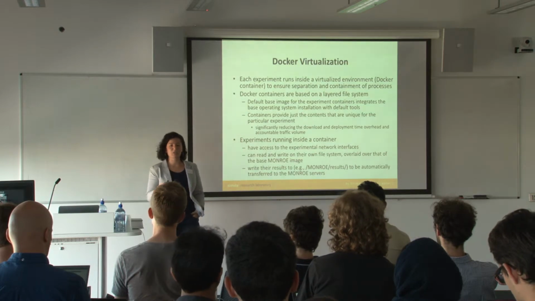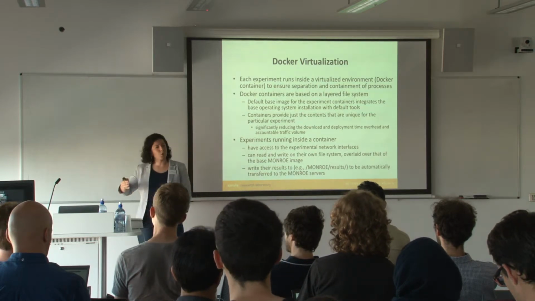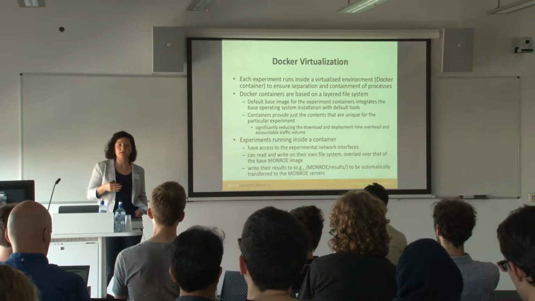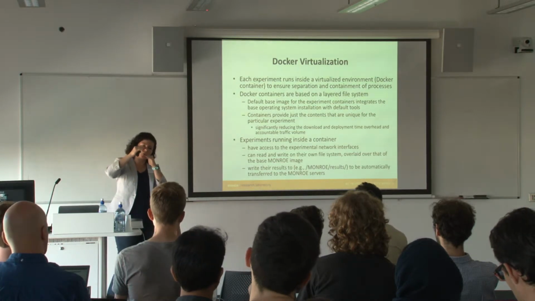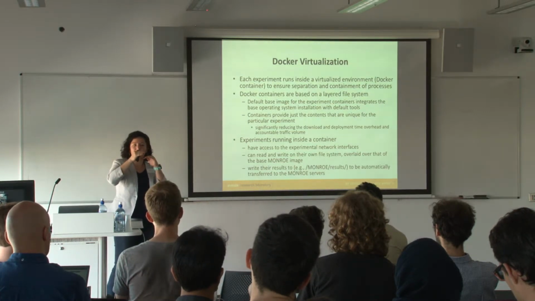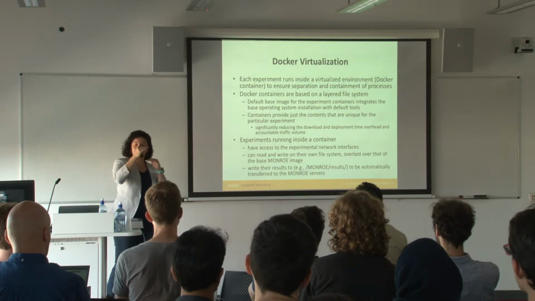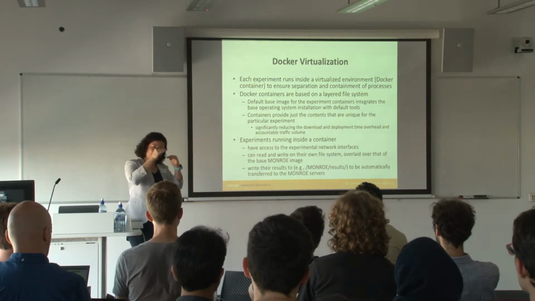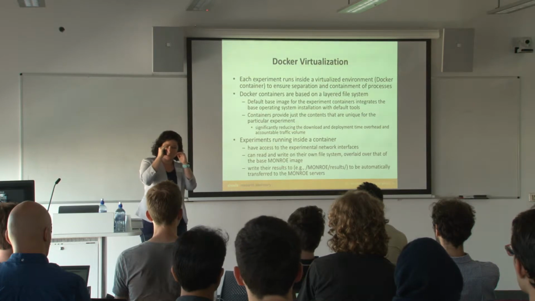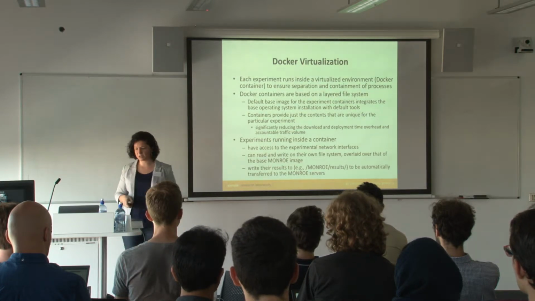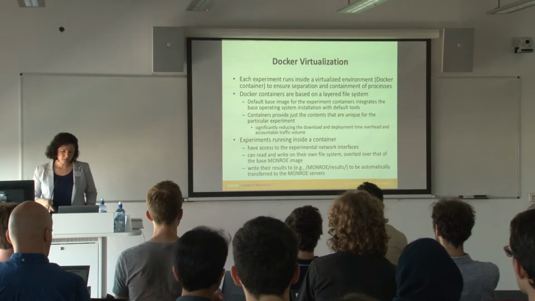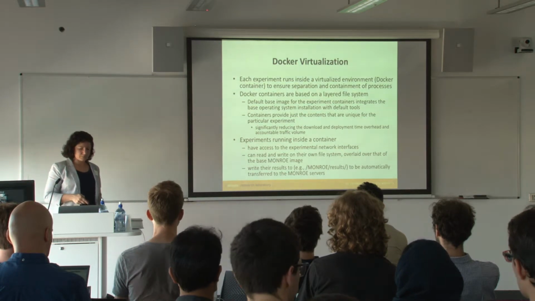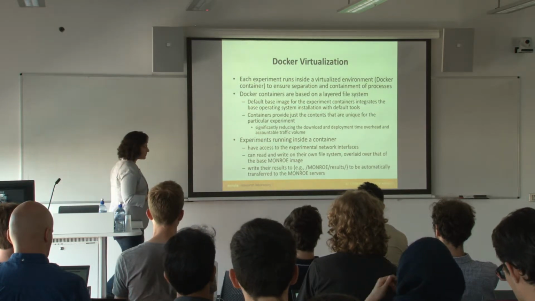So when you design your experiment, you don't need to load all of these packages because they're there. You just want to use your code and maybe an additional library that you want to build. So it's a layering system. You just put your layer, and that is what you need to design. You have access to the network interfaces.